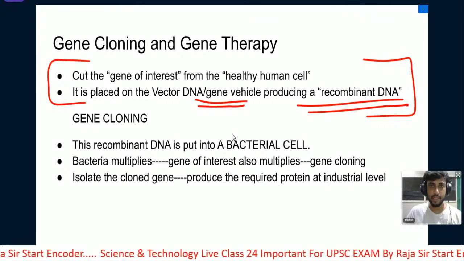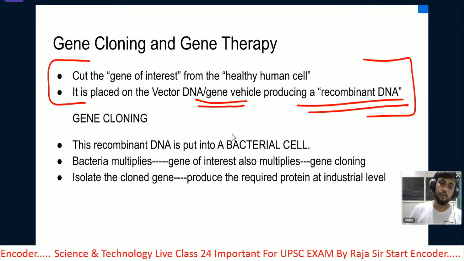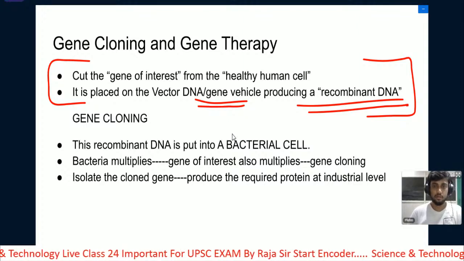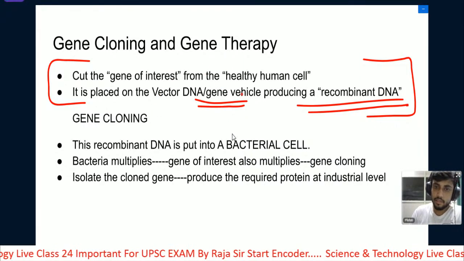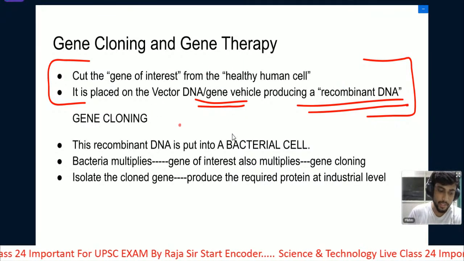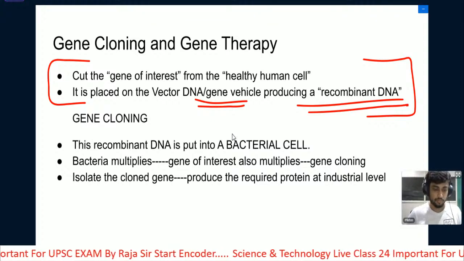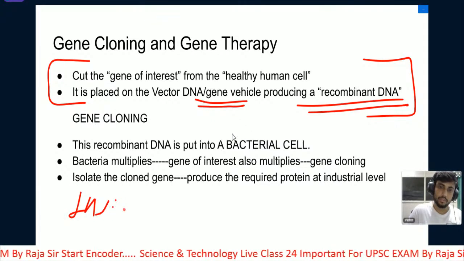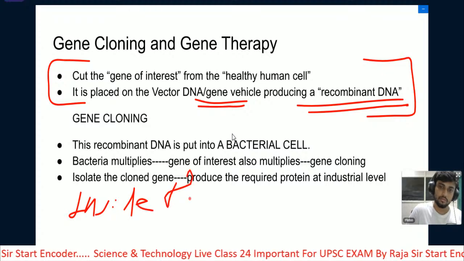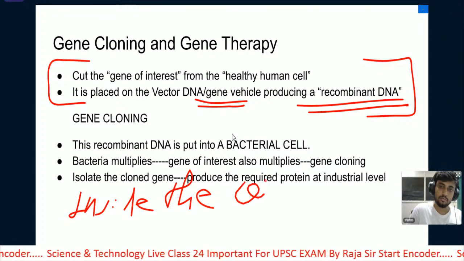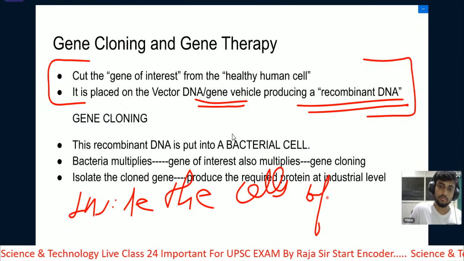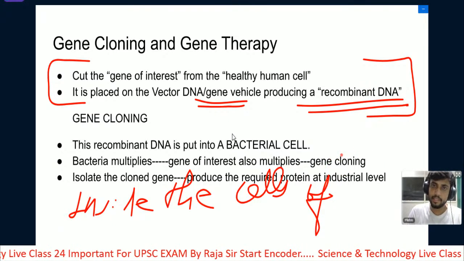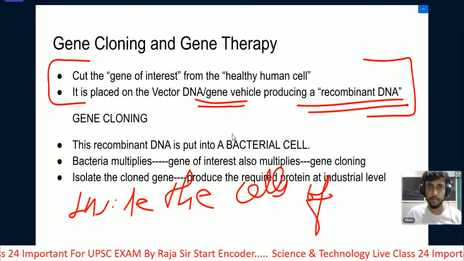These two steps are the same, and then we will insert this recombinant DNA inside the cells of the affected person. For that person who needed the insulin, we will inject this DNA inside the cells of that person.